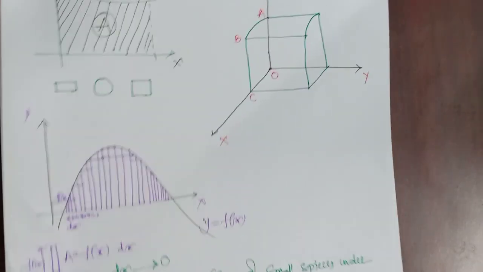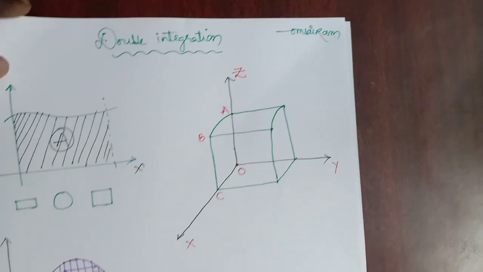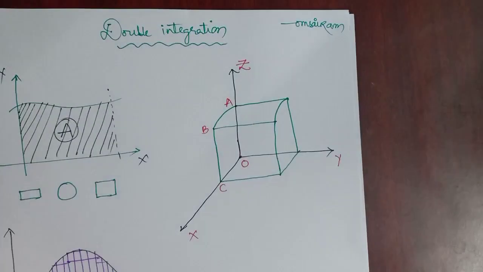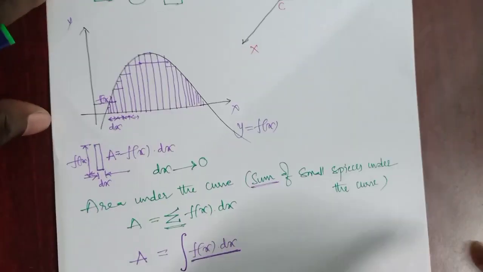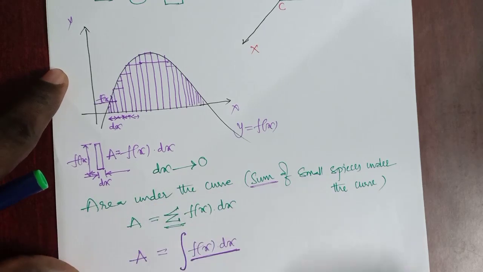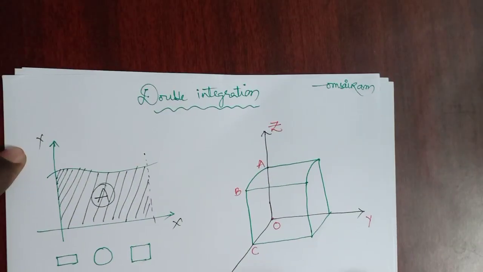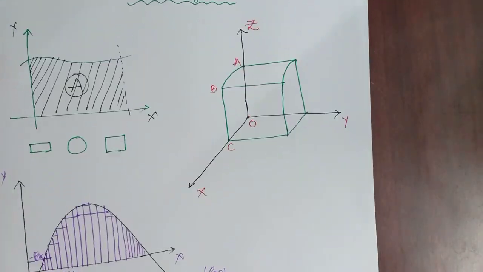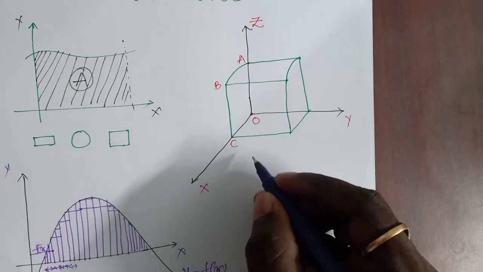Now, coming to double integration. Integration is the process of finding the area under the curve. Double integration is the process of finding the volume under the surface.